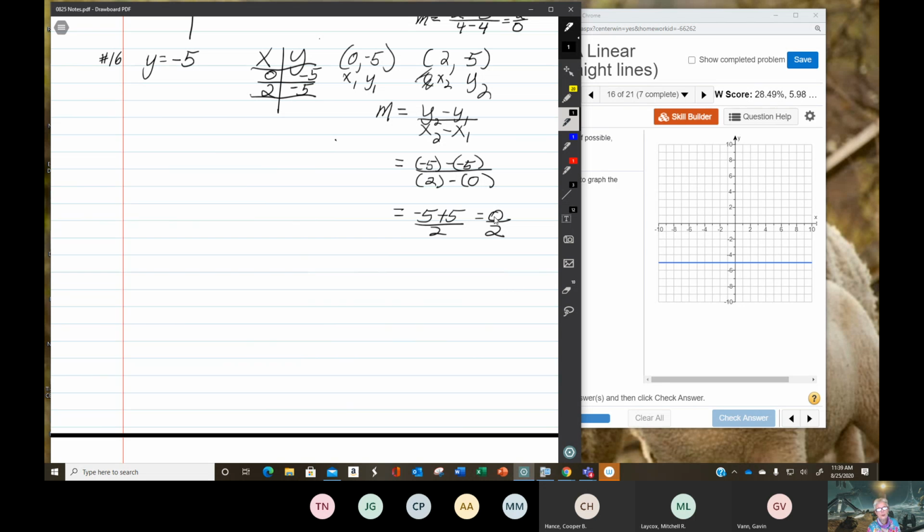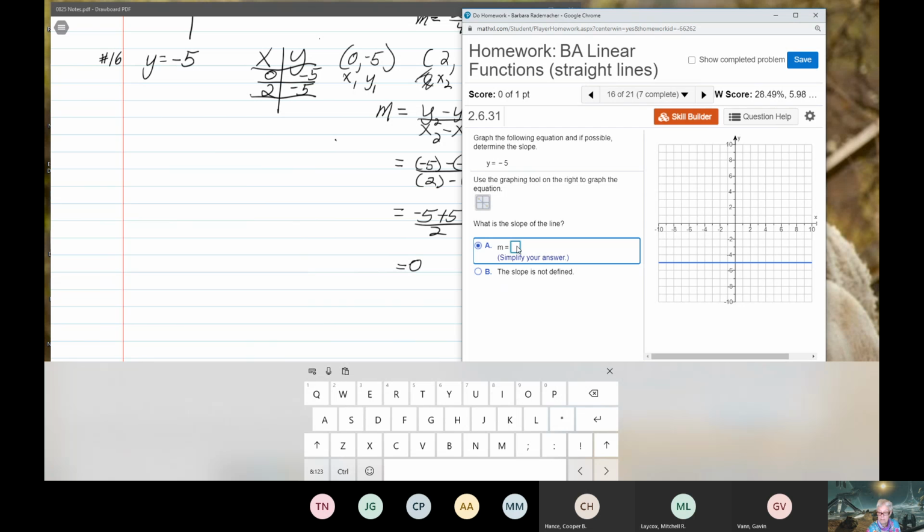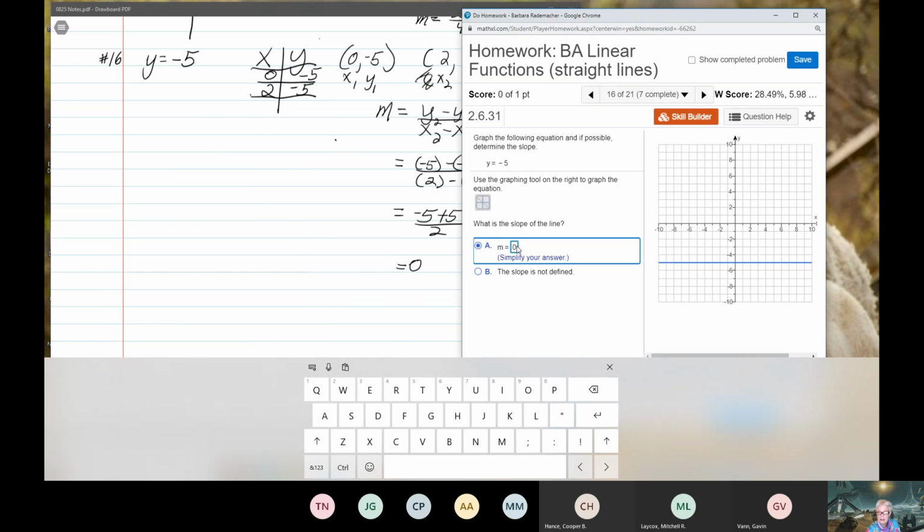It's okay to let your numerator be 0. You just can't let the denominator be 0. The worst that will happen will be 2 into 0 is 0. So the slope of our line this time is nothing but 0.